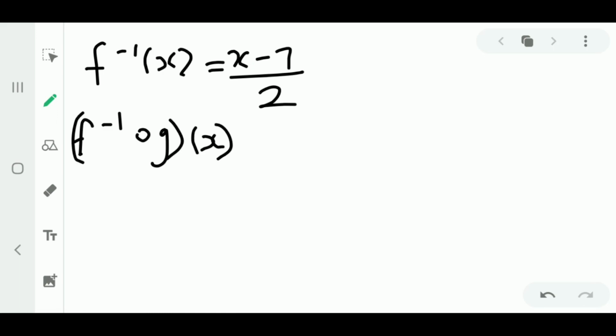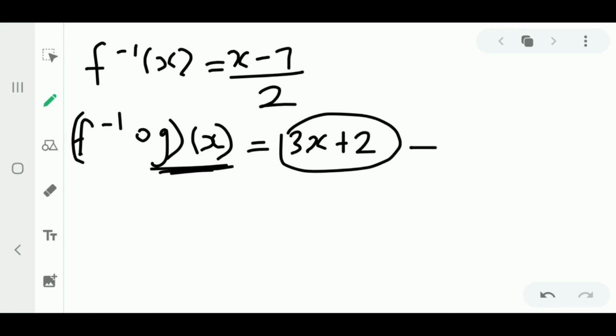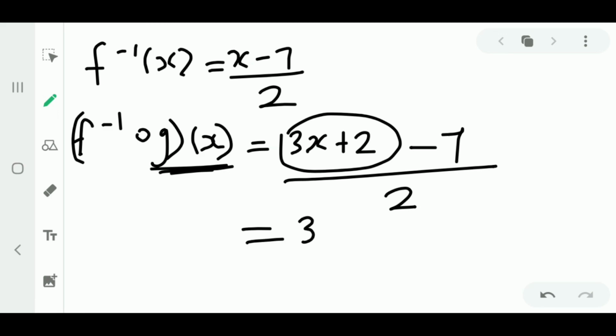Because we have f inverse as a basis, anywhere we see x we substitute what g of x is, so we have 3x plus 2. So all of this is g of x, minus 7, over 2. So it's 3x minus 5 all over 2, and that's our answer there.